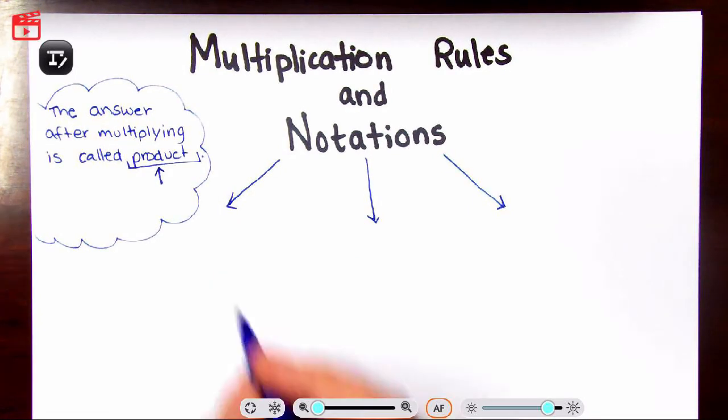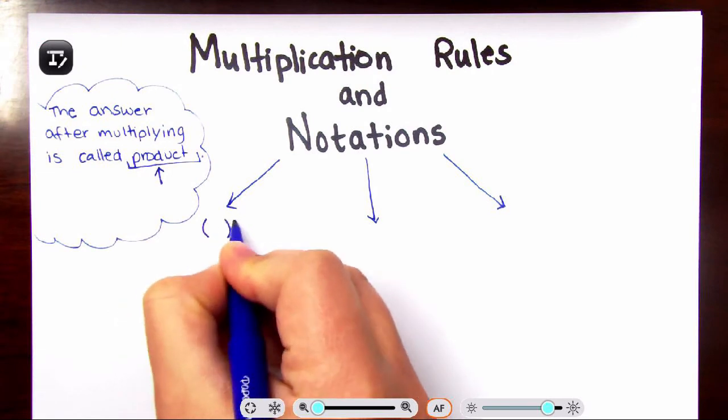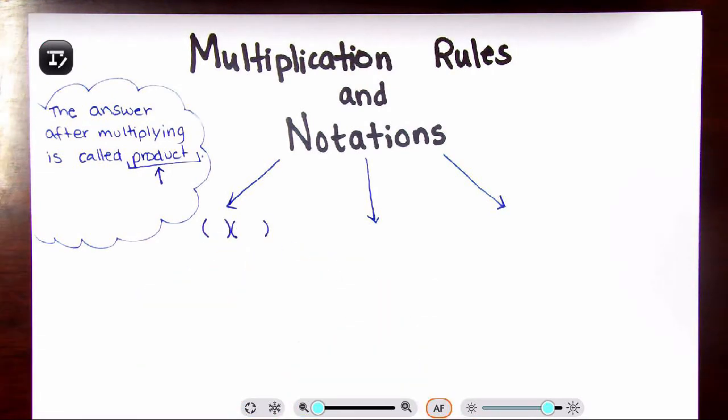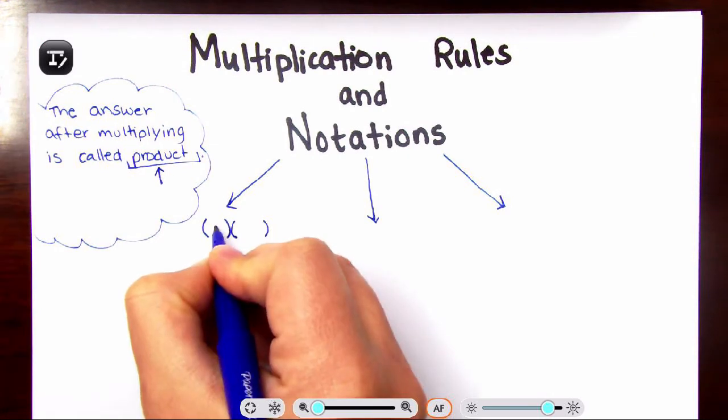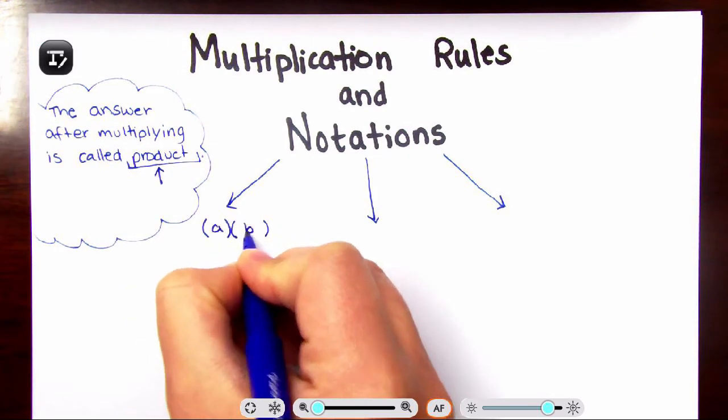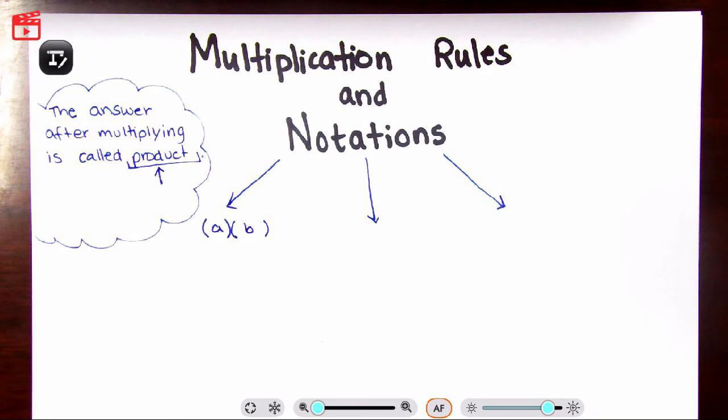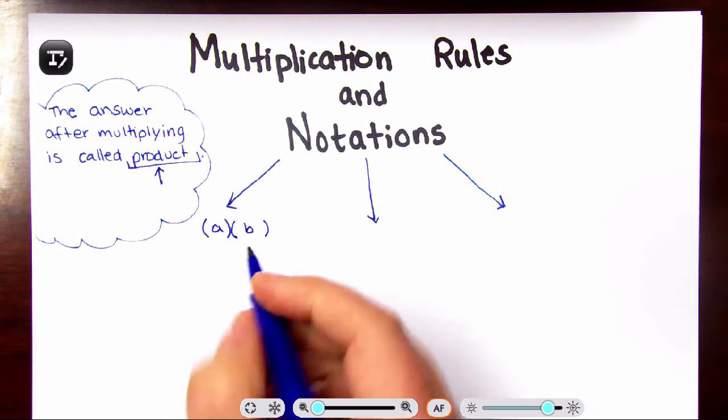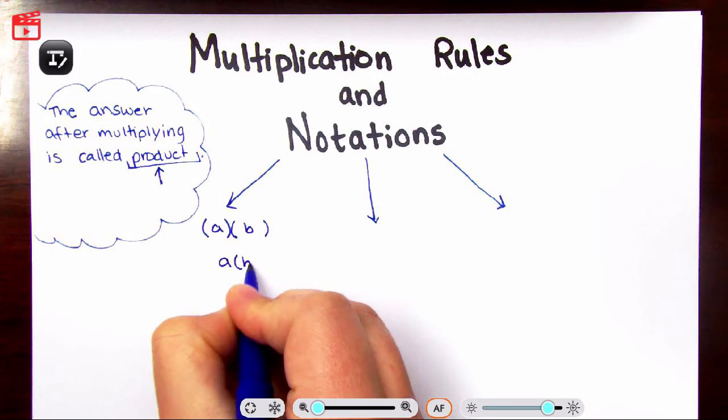One of the first things is you're going to see them in parentheses. One of the numbers could be in parentheses, or both of the numbers could be in parentheses. I'm going to use variables. Variables just represent numbers, but we don't know what those numbers are. Sometimes you'll see it like this, sometimes you'll see it this way.